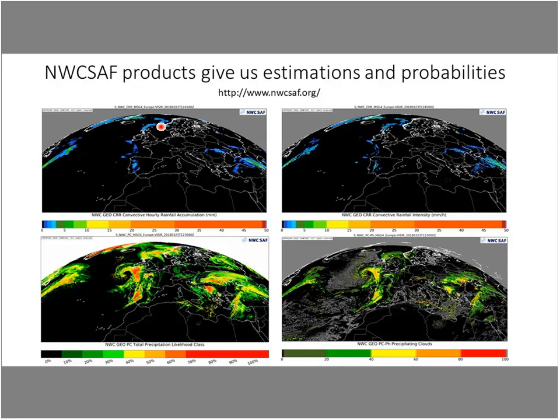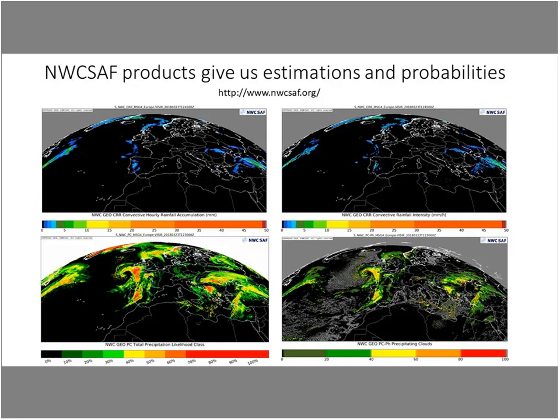So in the upper pictures, you can see the hourly rainfall accumulation for convective storms. Here is the rainfall intensity in millimeters per hour for convective storms again. And here below you have some probabilities and likelihoods of precipitating clouds.